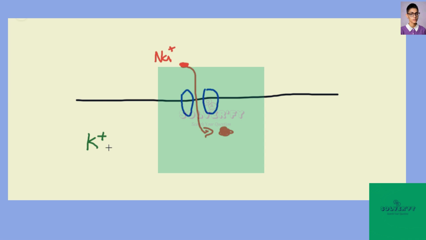But since the cell is naturally negatively charged and you are adding positive charge to it, you're going to result in depolarization of the membrane.